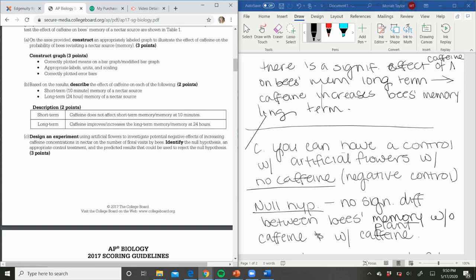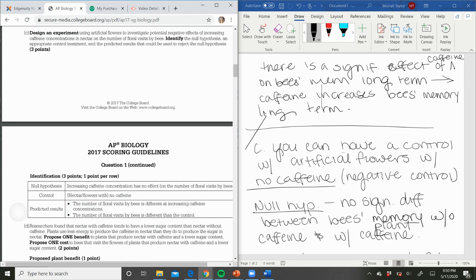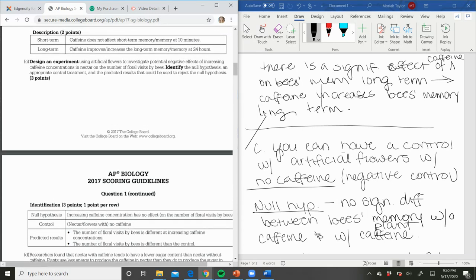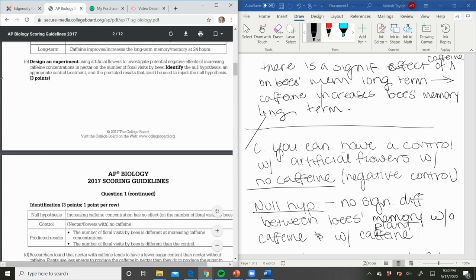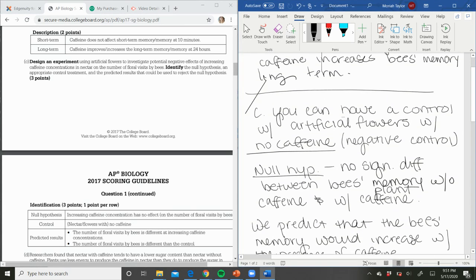And then it says design an experiment using the artificial flowers to investigate potential negative effects of increasing caffeine concentration. Oh, I didn't. Okay, whoops, I did that wrong. So this is a good example of why you should read things before you go too far into the question.